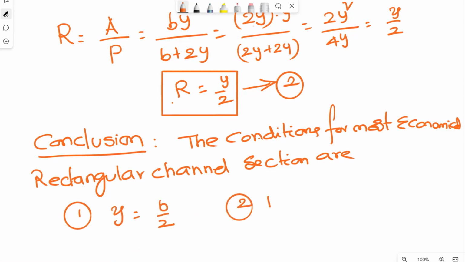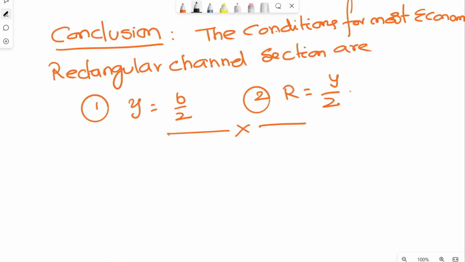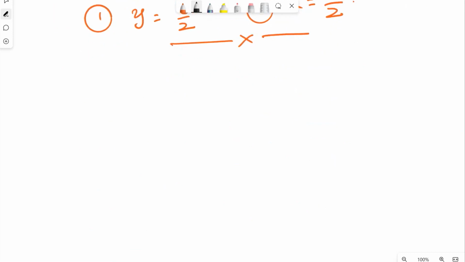Number two, R is equal to y by 2. This you should really know, then only we will be able to go ahead with this. So this is the simplest I have taken up. For your sake, I will take a problem also, so that we will go into the next problem.